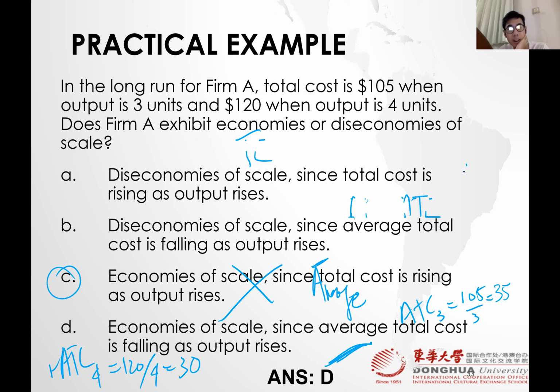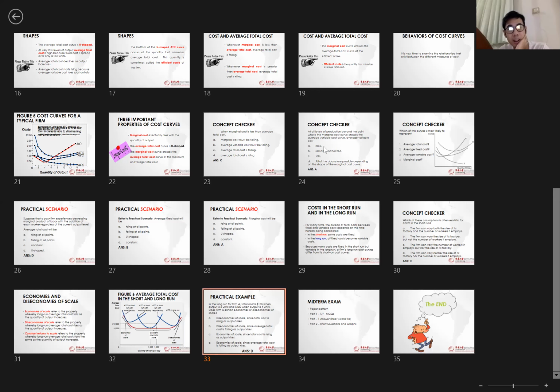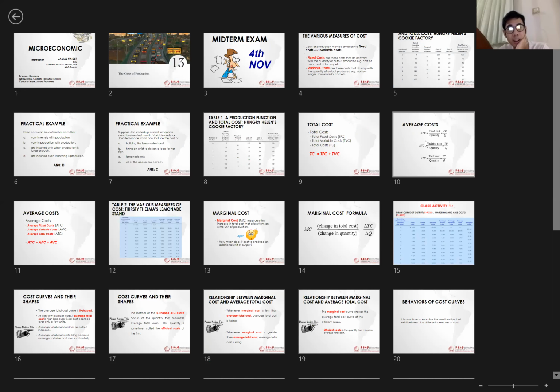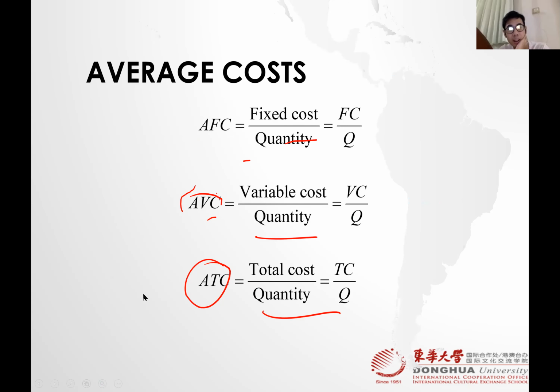Average total cost is total cost divided by quantity. Total cost is in total and average total cost is total cost divided by quantity. Understand? Yes, sir. Thank you.